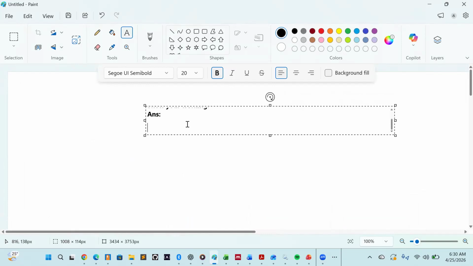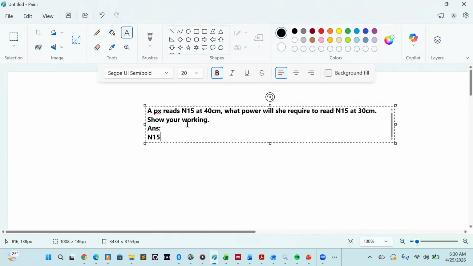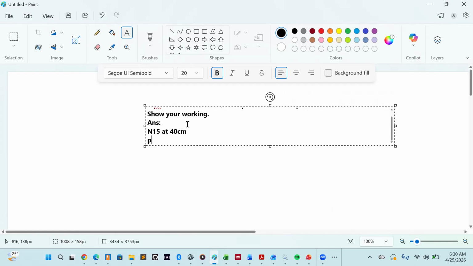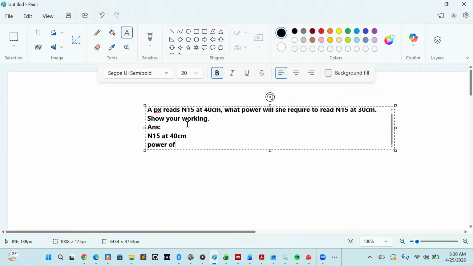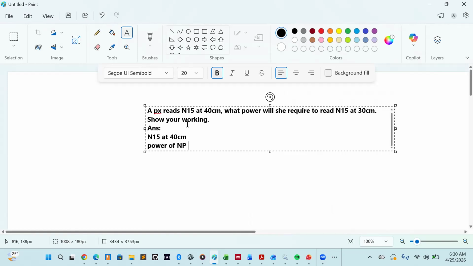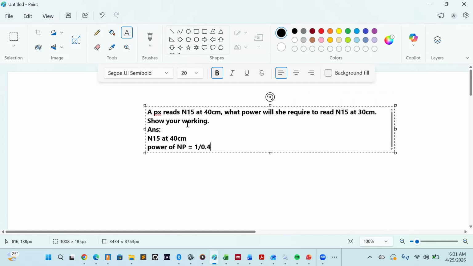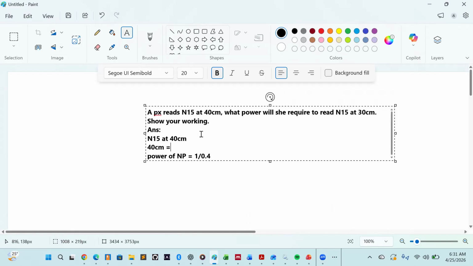Again, I've done something similar in accommodation. N15 at 40 cm. So the power needed at that near point, which is 40 cm, will equal 1 divided by 0.4, because we convert 40 cm to meters, which is 0.4 meter.